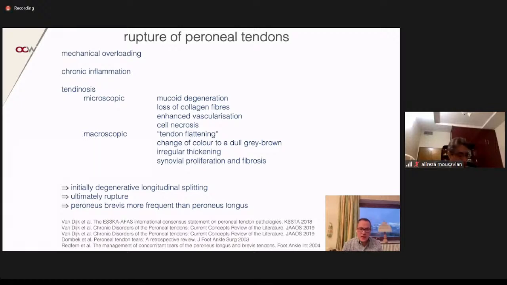There's a mucoid degeneration, there's a loss of collagen fibers, there's an enhanced vascularization, there is cell necrosis, and what we can see macroscopically in theaters is a tendon flattening, a change of the color to a dull gray-brown, irregular thickening, and a synovial proliferation and fibrosis. And this initially leads to degenerative longitudinal splitting, ultimately to rupture, and the peroneus brevis is by far more frequently ruptured than the peroneus longus.